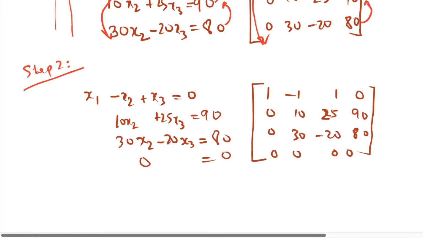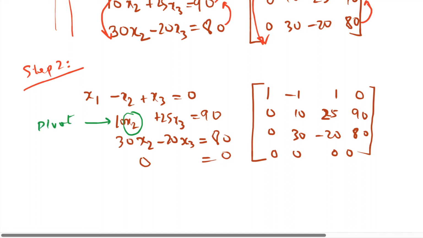Now once we have this, the second equation serves as the pivot equation, and the first unknown in the second equation, which is x2, serves as the pivot.